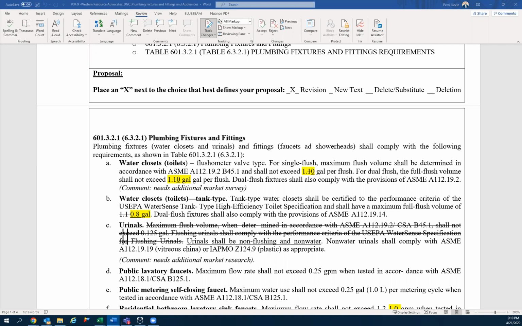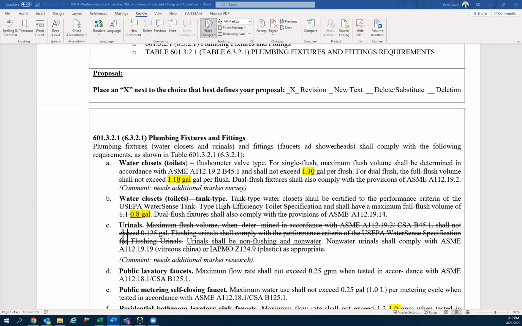Not going to run through all of the numbers here because I see that you have them all in front of you. But what I'd like to do is spend just a minute or two talking about a couple of the questions that came up. So the first question that we got last time was around the availability of the ultra high efficiency toilets.